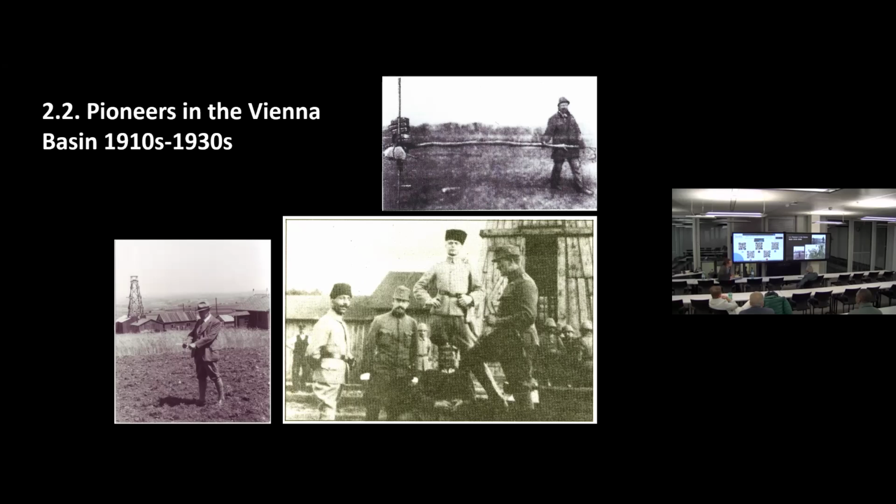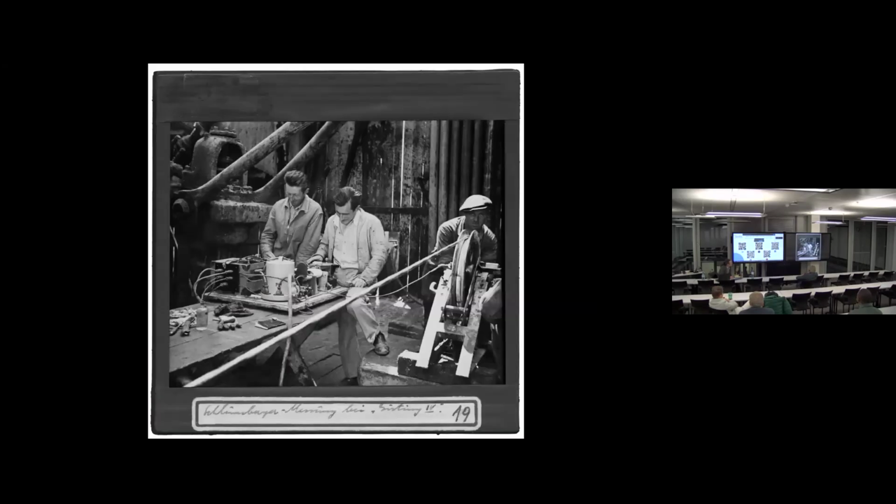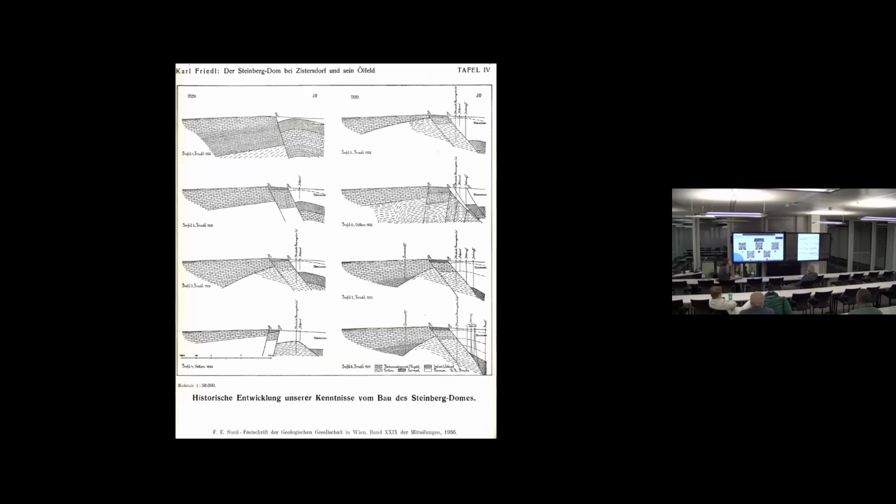So these were the very rough pioneer years, but also with very interesting insight into the geological structures. This is material from one of the heroes of these early years, Karl Friedl. This is actually glass diapositives, which I found in an OMV wardrobe that they wanted to put just into the trash, but I was there and could take home all these quite interesting historic materials.